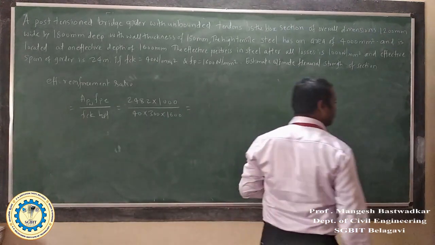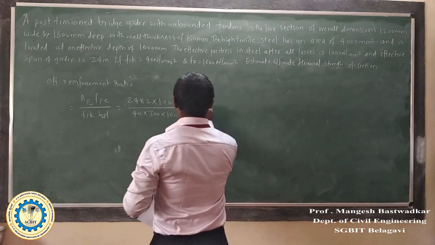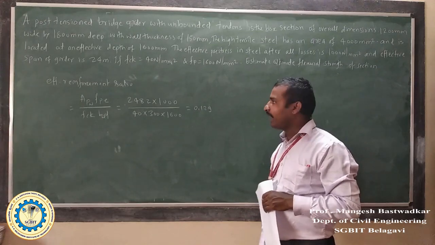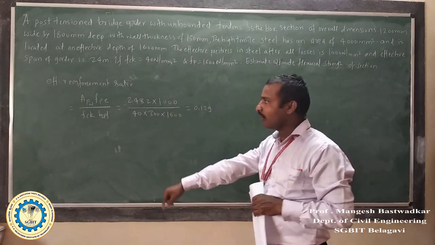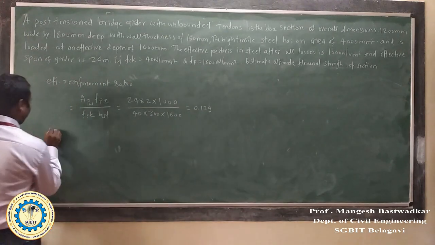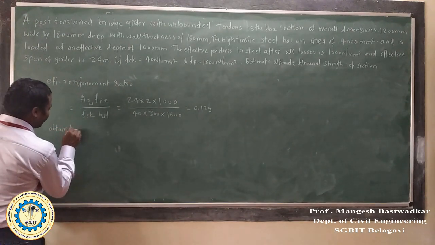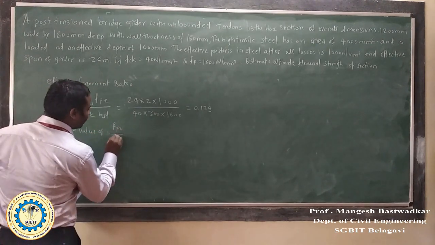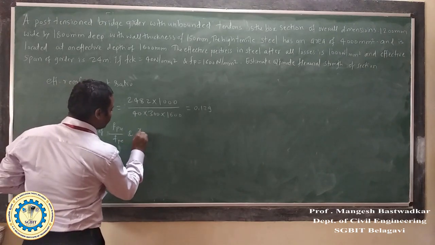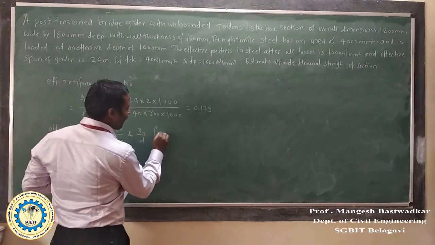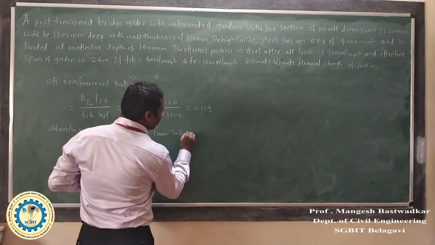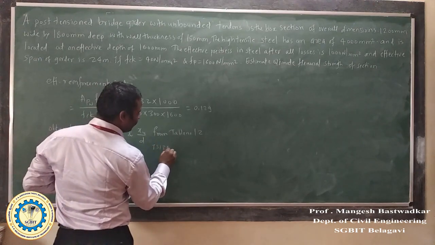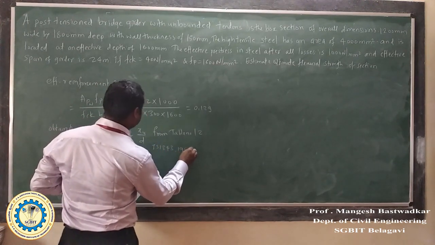So we'll get this 0.129. Now based on the span by depth ratio and effective reinforcement ratio, we have to obtain the value of fpu by fp and xu by d from table number 12 of IS 13431980.